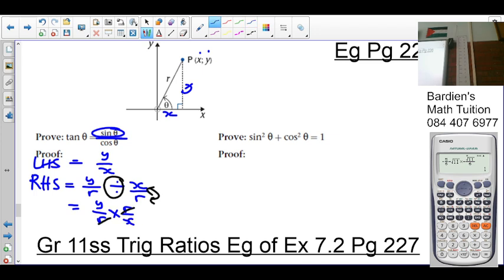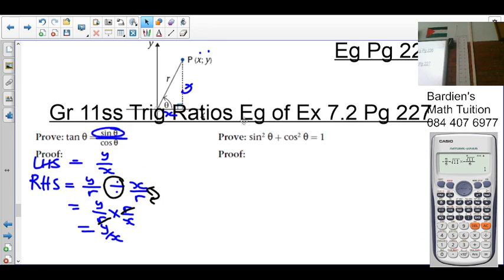The r cancels, which is equal to y over x. So we have just proven that my left hand side equals my right hand side. Can you see that, people? You all understand? Is there anybody that's confused? So now you have just proven that tan theta is equal to sine theta over cos theta.